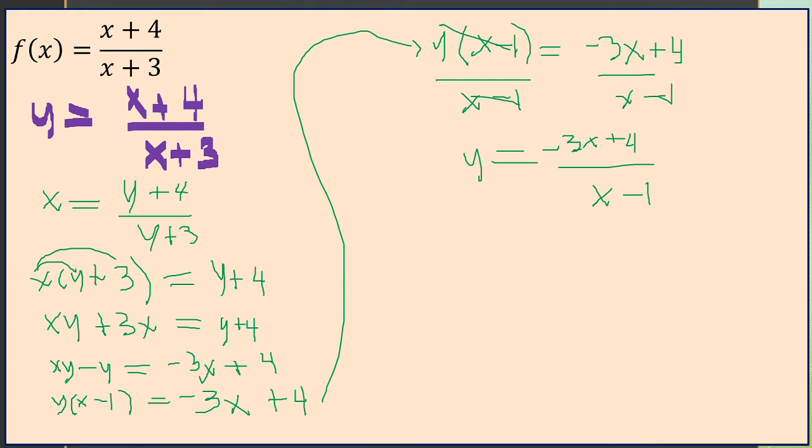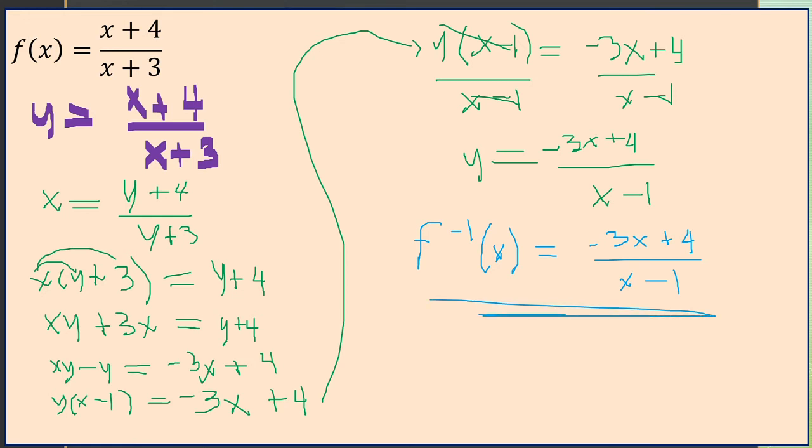Eto na po yung inverse natin. Kailangan natin ipakita yung inverse. So we have f raised to negative 1 of x is equal to negative 3x plus 4 all over x minus 1. So this will be our inverse of this function. Ito po 4 po yan, 4 yan.